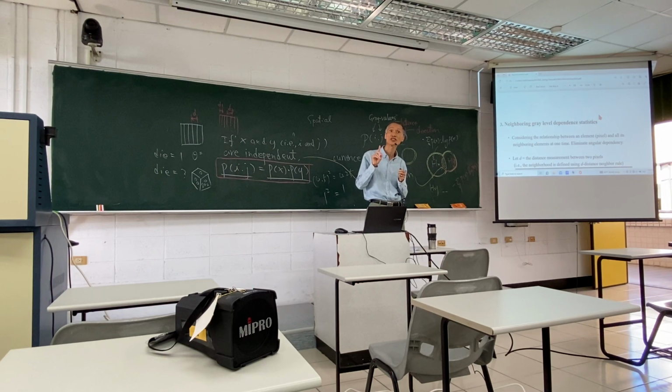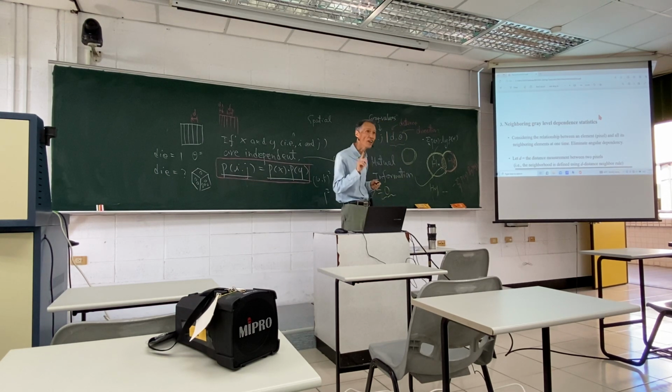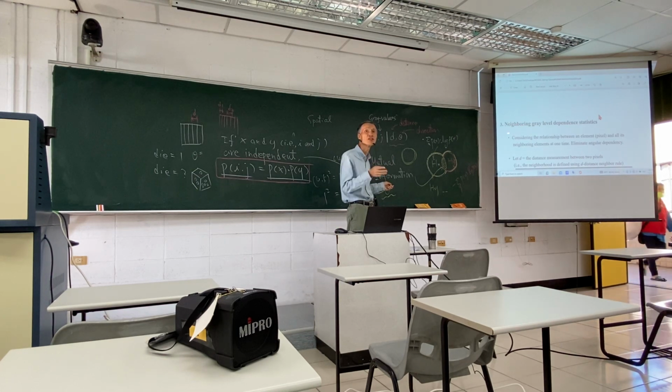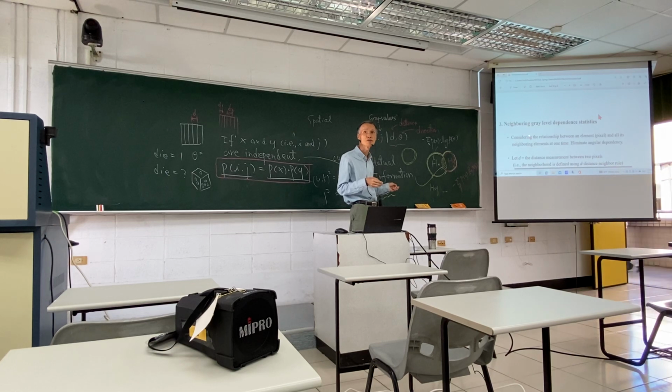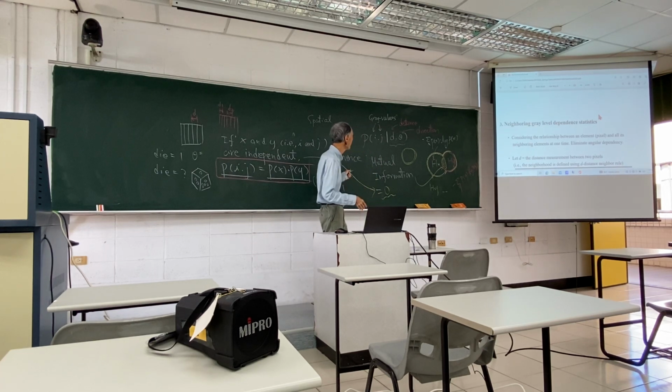So for that, we don't look for the direction, but we just look at its neighbors. In this case, we only need to define the radius, the distance, but we will look in all directions. That's it. And then you will come up with this joint conditional probability one more time.